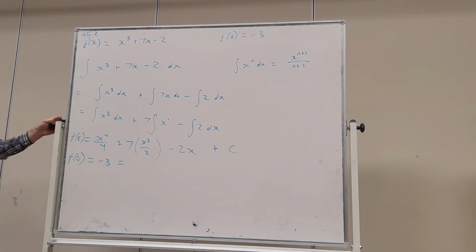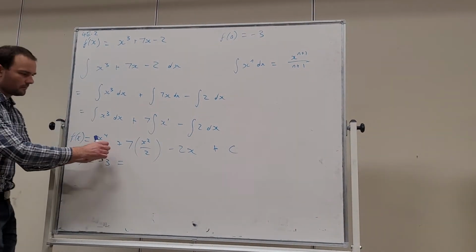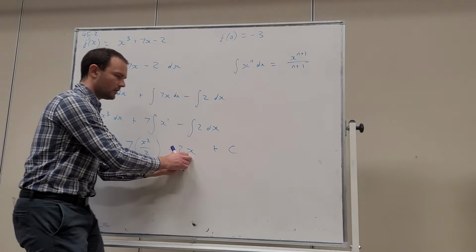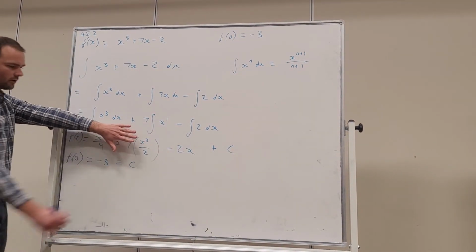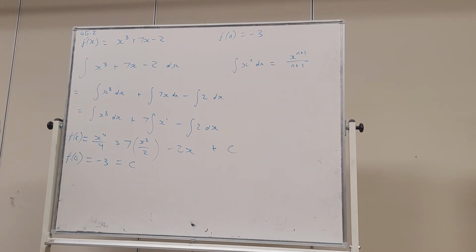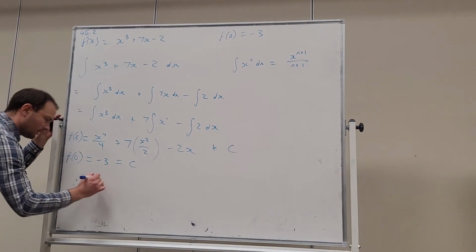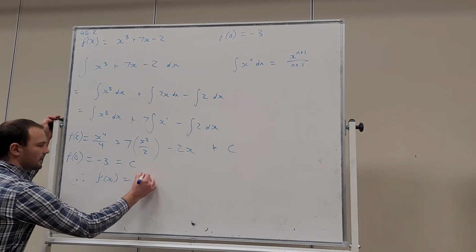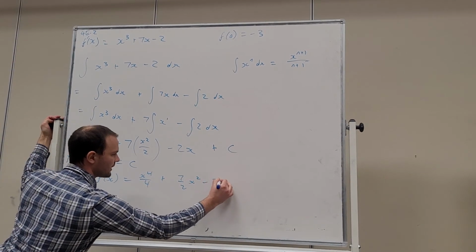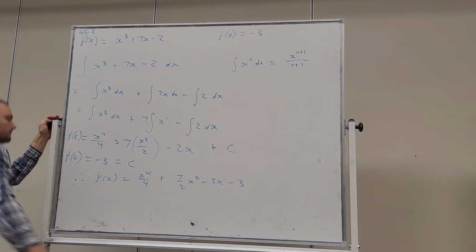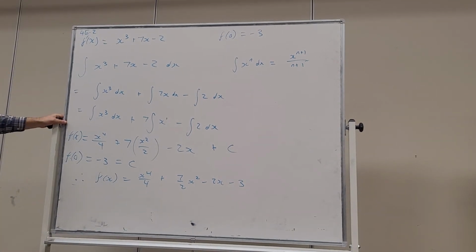Well, f of 0 is going to be 0 plus 0, take 0, plus c, isn't it? All of that's just going to 0. And so what we've got is c is minus 3. And so therefore, f of x is x to the 4 on 4, plus 7 on 2 x squared, take 2x, take 3.